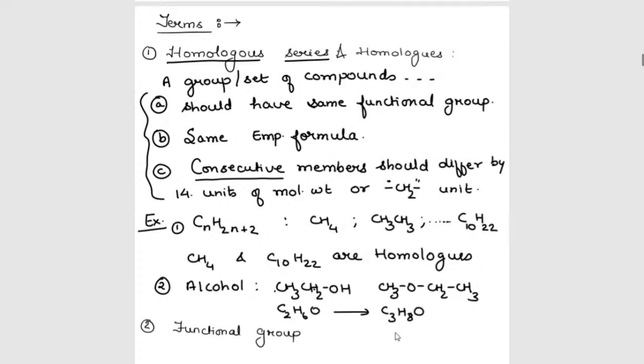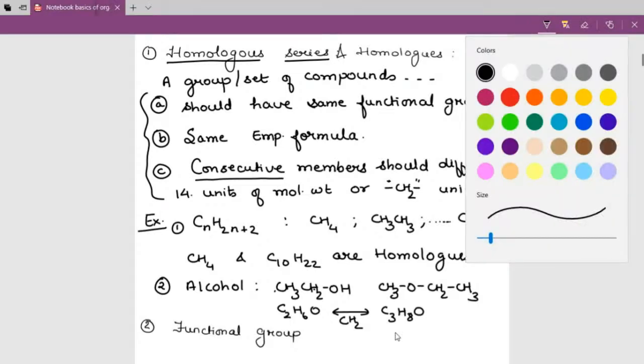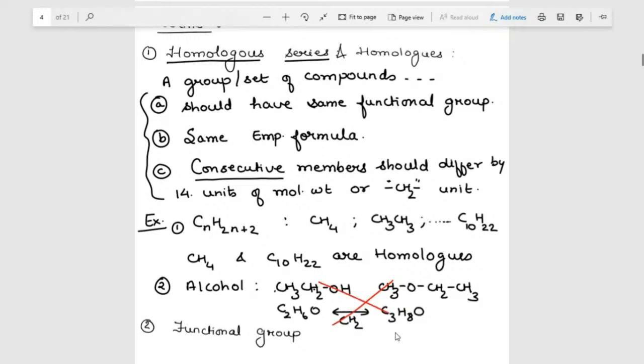What is the difference between these two? 2 to 3 in C, 6 to 8 in H, so CH2. They have the fixed required difference of 14 units, a CH2 unit, but still you will not call them homologues because they have different functional groups. So the most important condition you have to check is the functional group. So these are not homologues.